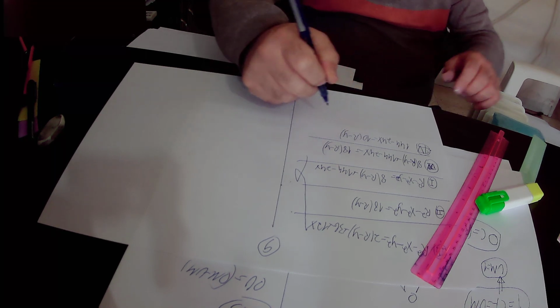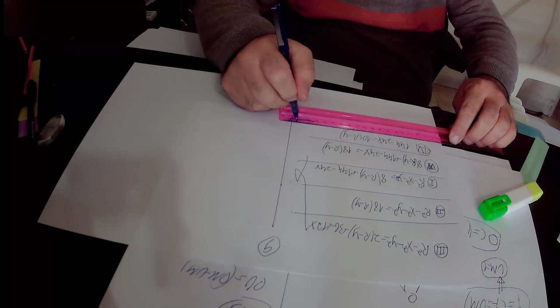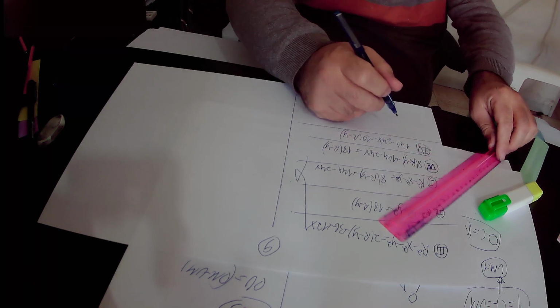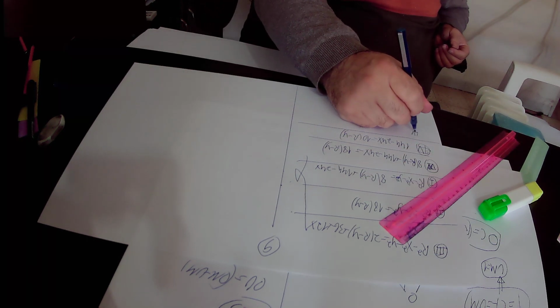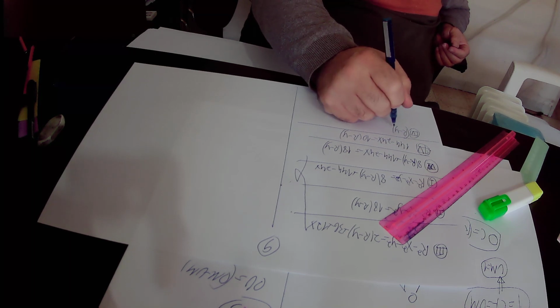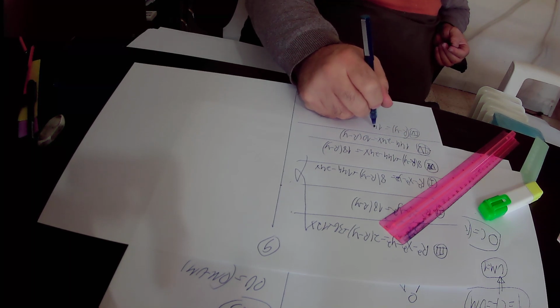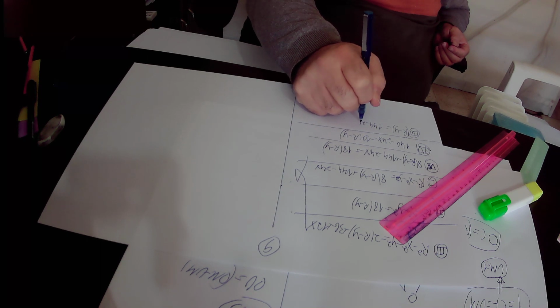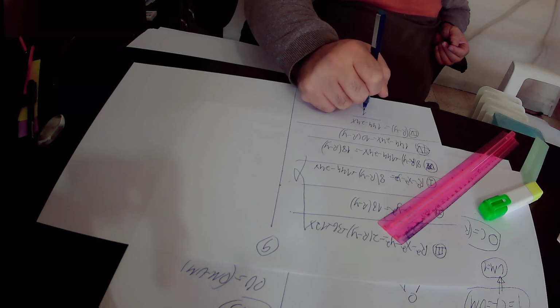Here we will divide equation number 4 by 10, and we will get that according to equation number 4, R minus Y is equal to (144 minus 24X) over 10.